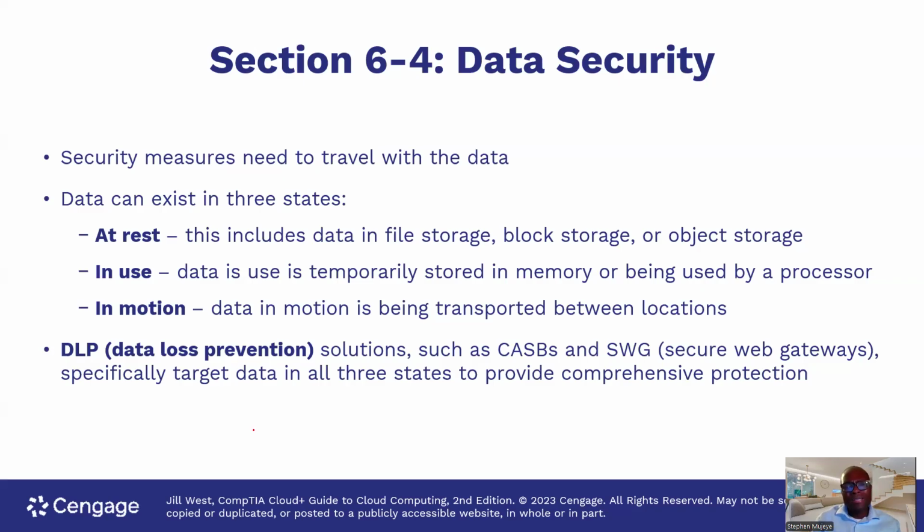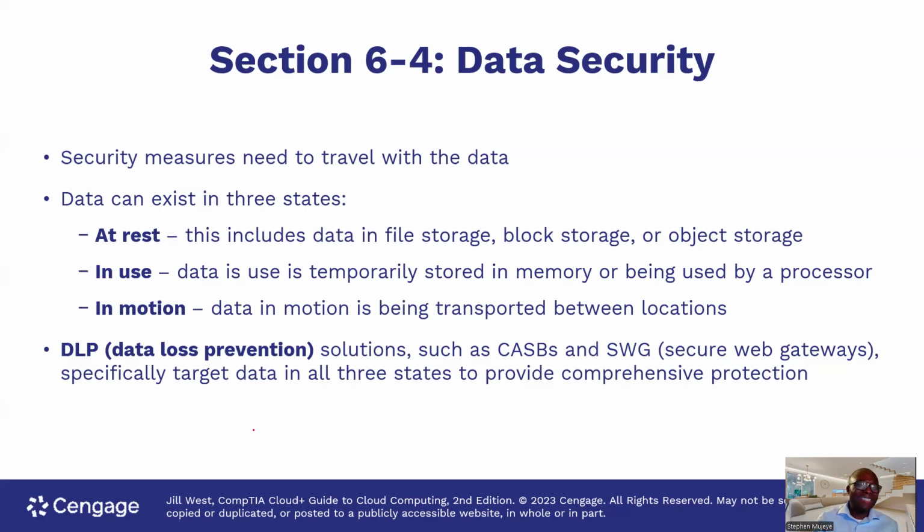We deal with several types of data within the cloud. So some security measures need to be put in place as the data travels or is moved from one point to another. Data can exist in three states. There is data at rest, which you are going to have on your storage items.